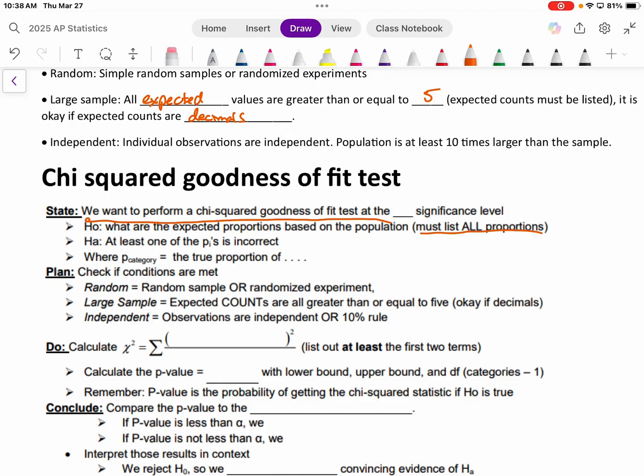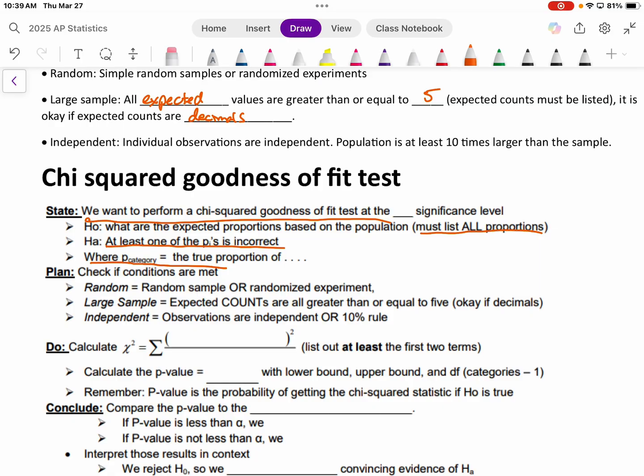That's a nice generic statement we get to write: at least one or at least 2 are incorrect. We also have to define what each of the p's are, especially if we're using symbols.